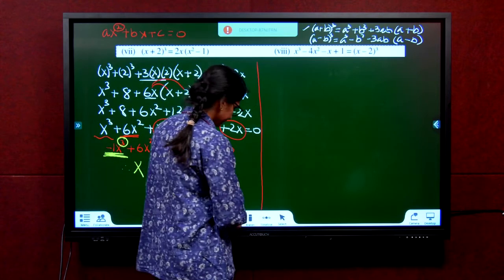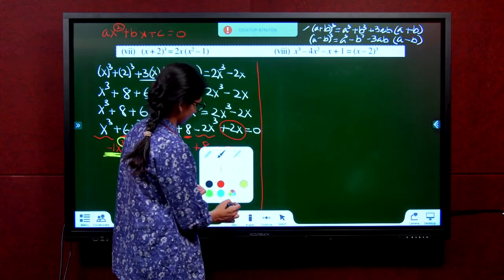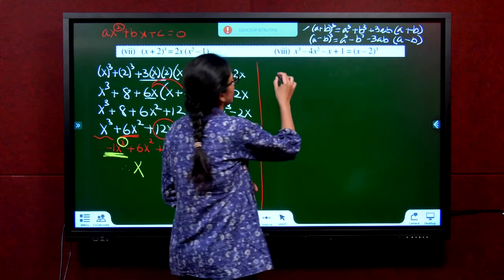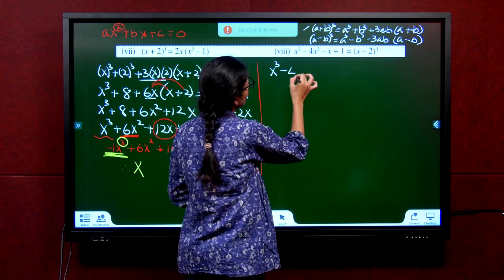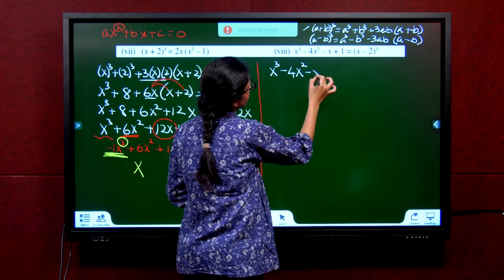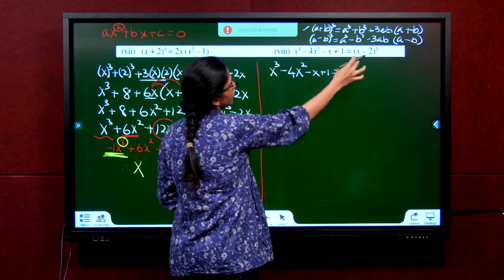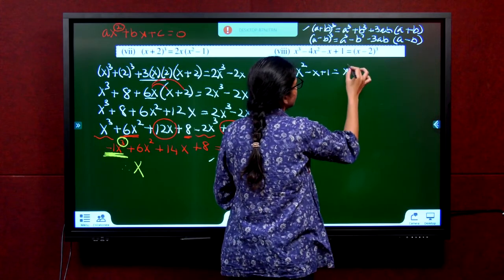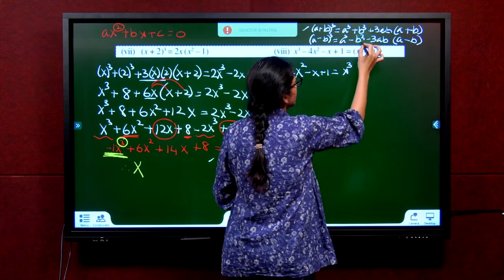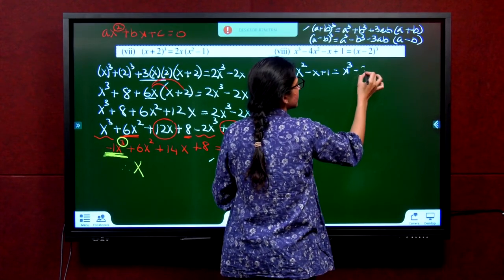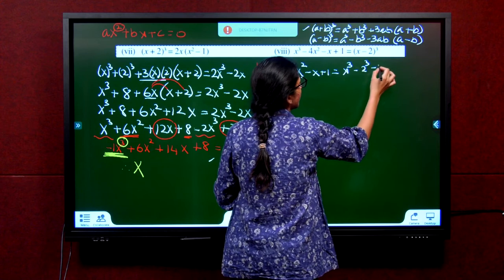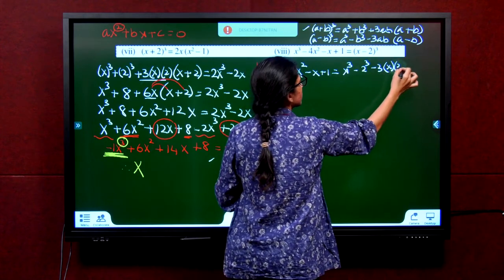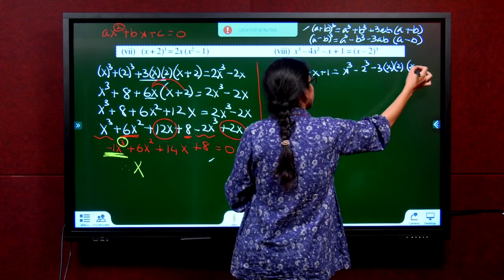Coming to this side, the last sum of the first sub question. So, x cube minus 4x square minus x plus 1. This is of the form (a - b) the whole cube. So, a cube minus b cube minus 3ab, x into 2 into (x - 2).